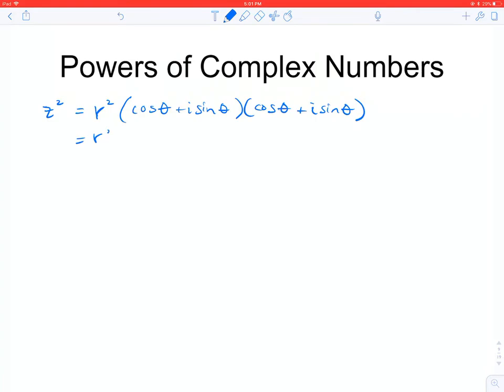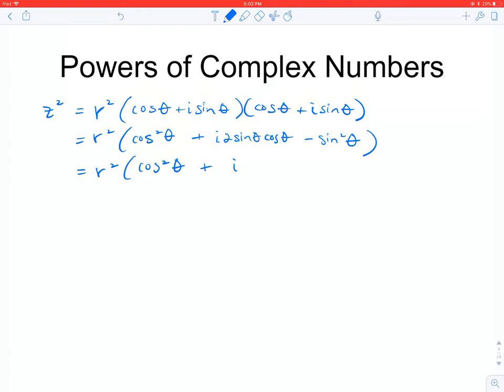I'm going to write it out like this for us to expand. So if we were to distribute, we'll get cosine squared theta, and then plus i times 2 sine theta cosine theta, and i times i will be negative 1, so that'll be minus sine squared theta. I'm just thinking about multiplying this out.